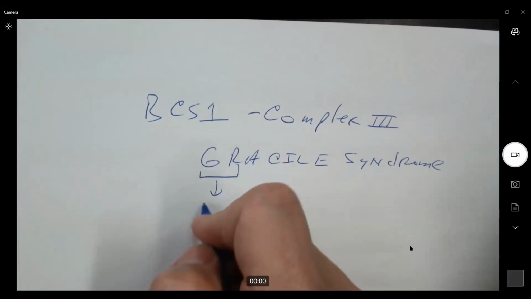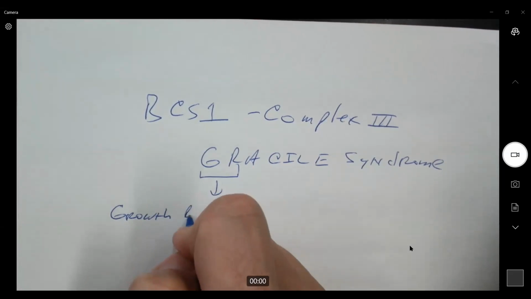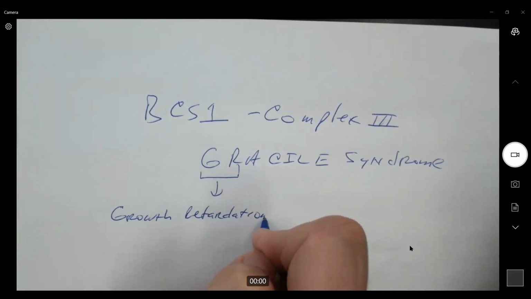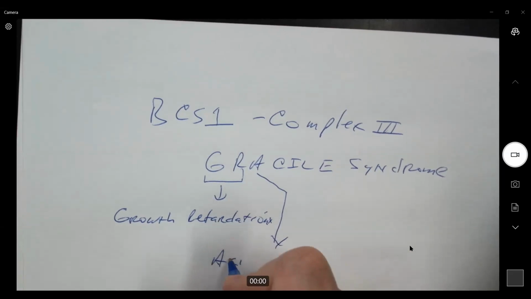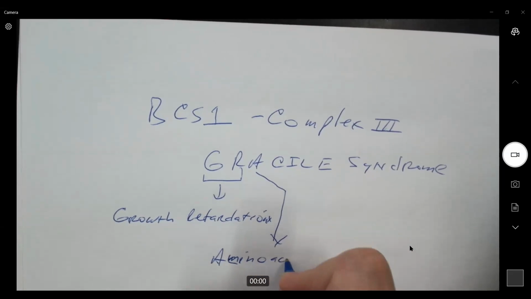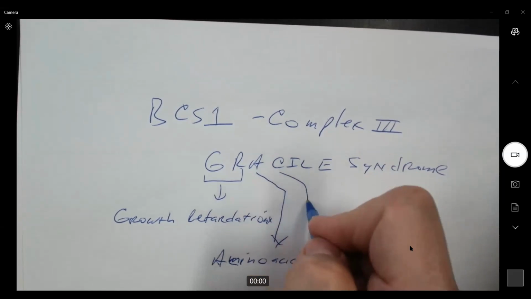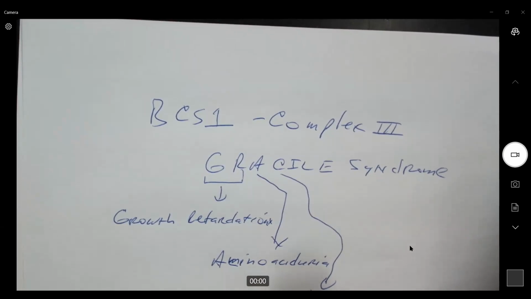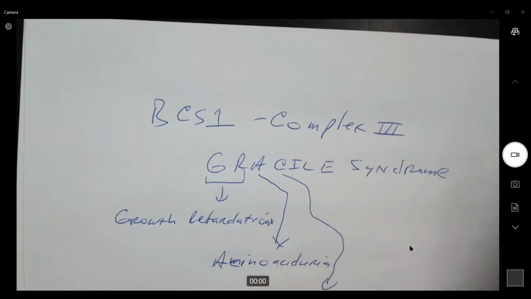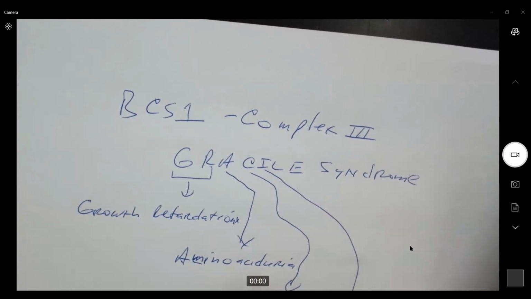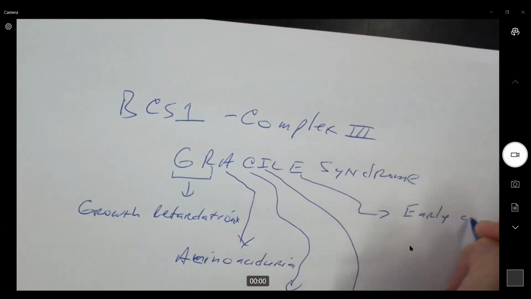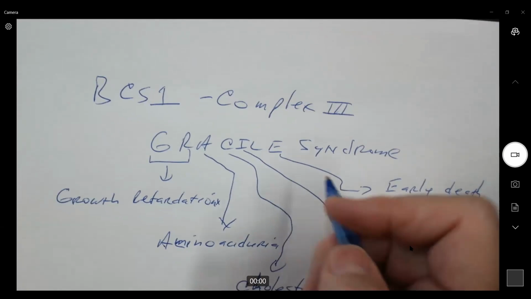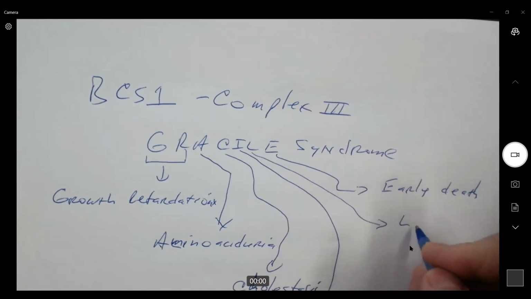And that is your growth retardation, aminoaciduria, cholestasis, iron overload, and then early death, and you might have guessed what this one is, lactic acidosis.